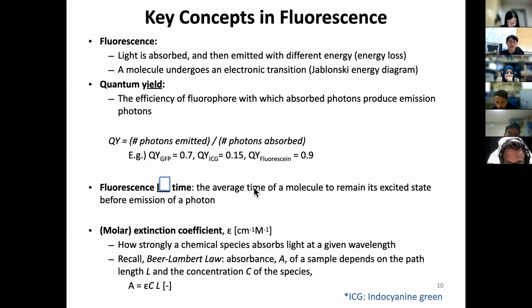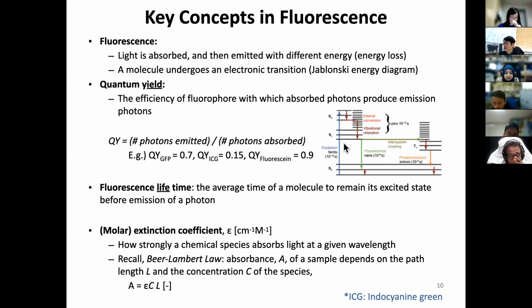And the other aspect is a practical aspect. We've discussed the fluorescence process, and we realized different fluorophores have distinct lifetimes. The lifetime means the average time they remain in the excited state before emitting a photon. You remember previously I showed you, out of this whole process, which timing is the longest, except phosphorescence, because that doesn't happen all the time.